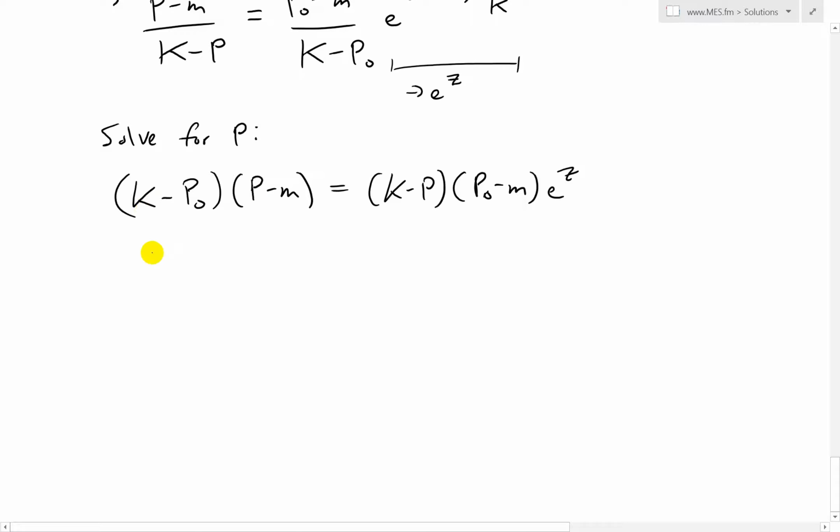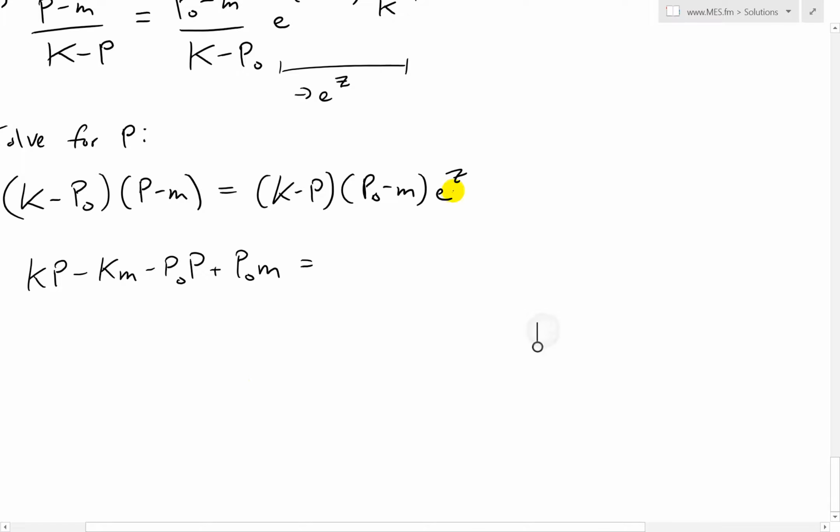So K − p: K times p, and then K times m, and then p0 times p, and this is negative times negative, plus p0 times m. And then on the right side, same thing, we're going to FOIL, but we're going to include this e to the z in each of the terms. So K times p0 times e to the z. That's the first part.